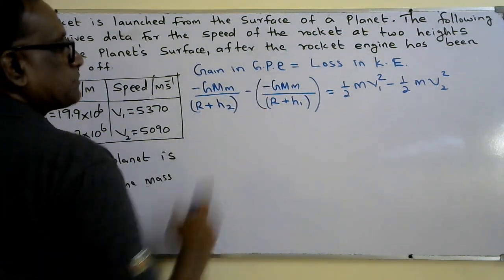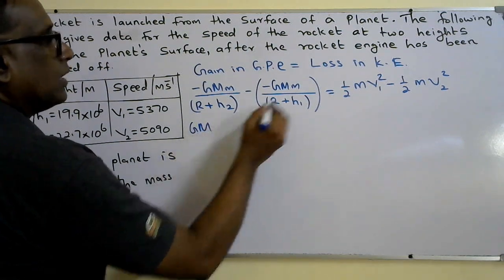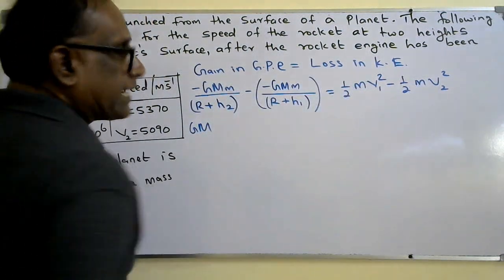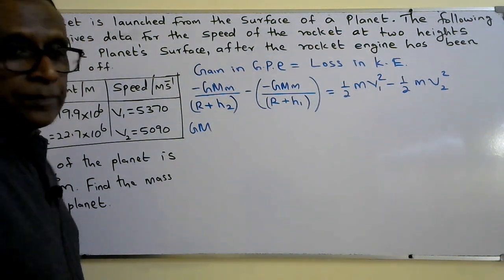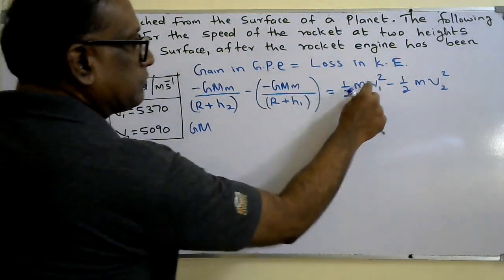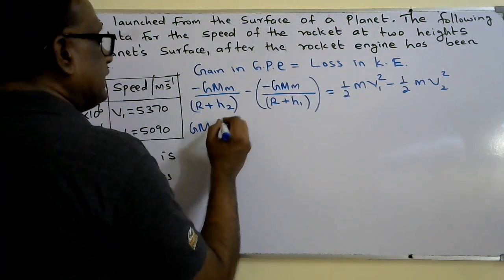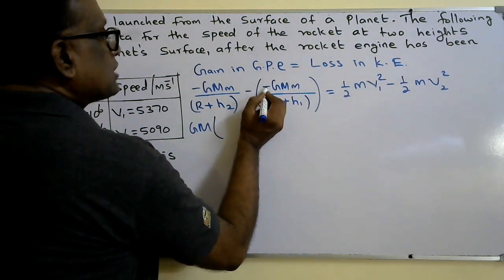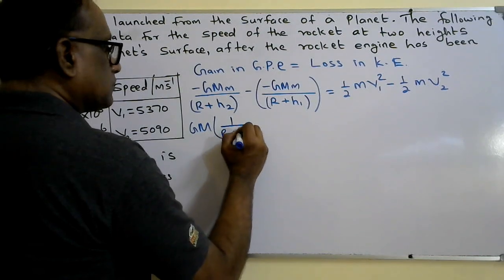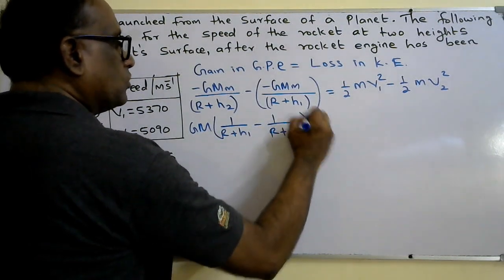The symbol m, the mass of the satellite, will all get cancelled. So GM into 1 over r plus h1 minus 1 over r plus h2 is going to be half V1 squared minus V2 squared.